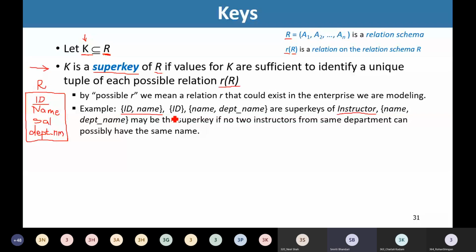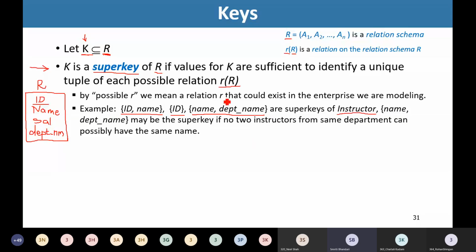Also, only ID is a subset of instructor schema. If I collect these two attributes, name and department name, these two also describe one subset of my instructor schema, right?